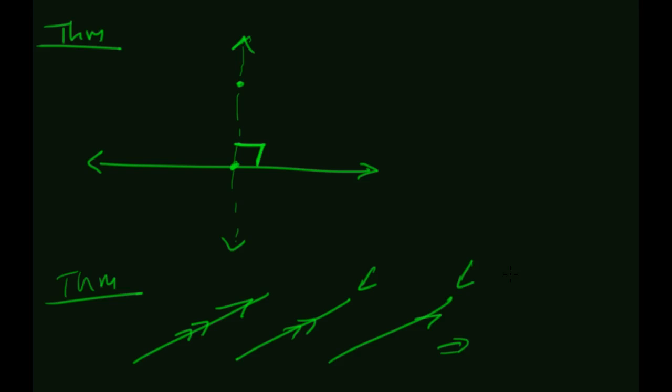So if 2 out of the 3 lines are parallel, all 3 have to be parallel. And that one we're actually going to prove here. It's pretty straightforward, but we should acknowledge that it can be proven, and we will.